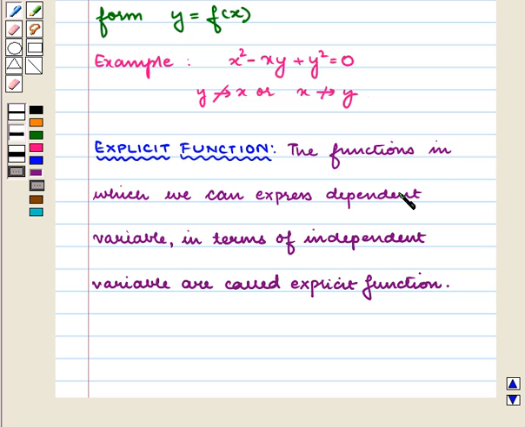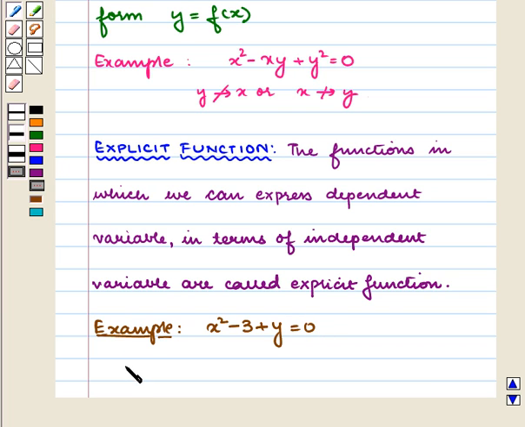Note that the functions in which we can express dependent variables in terms of independent variables are called explicit functions. For example, x square minus 3 plus y is equal to 0.